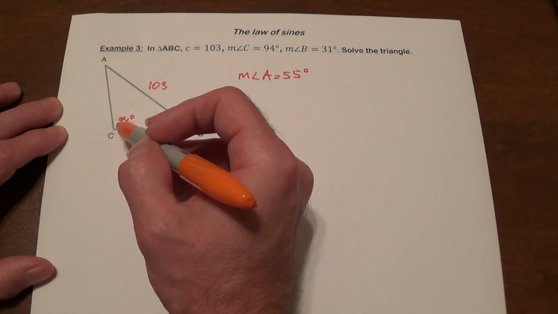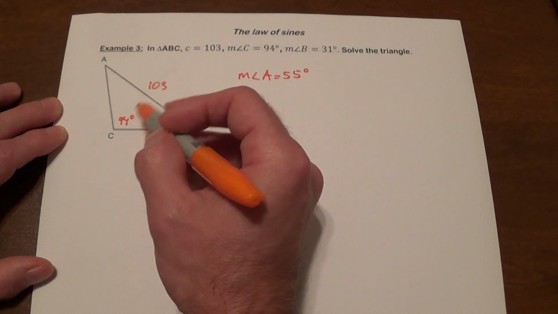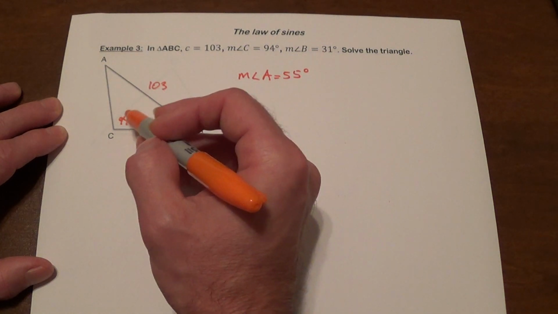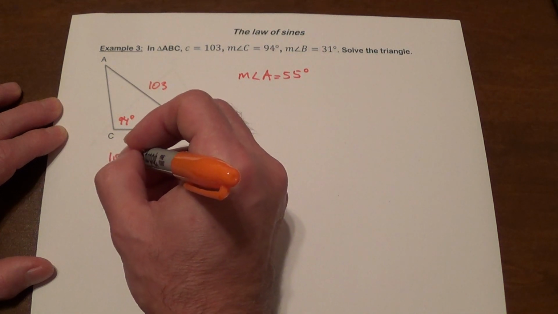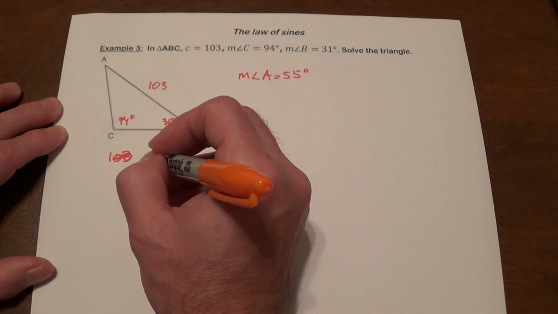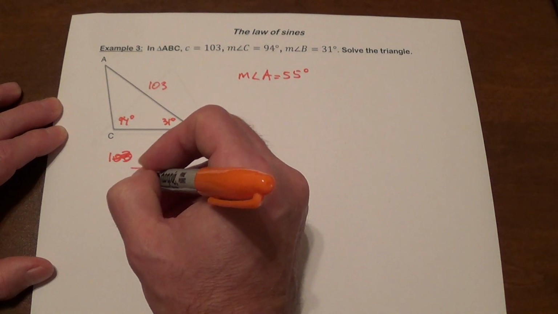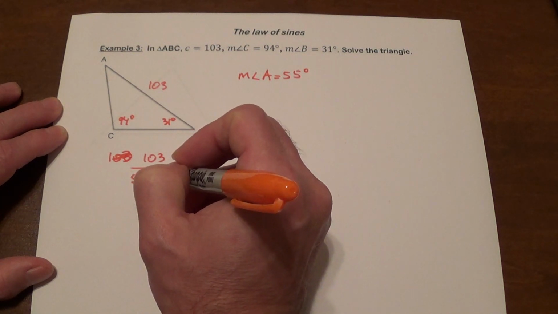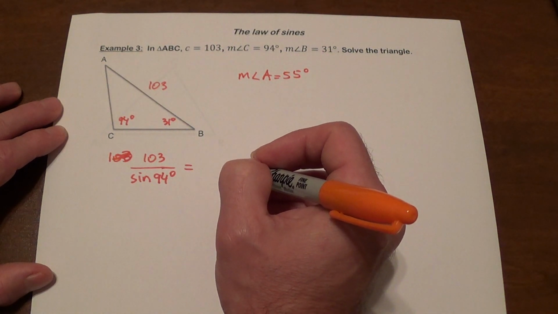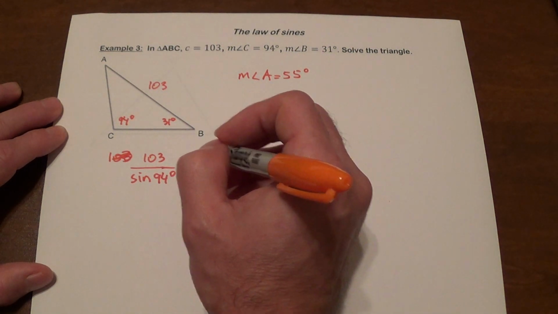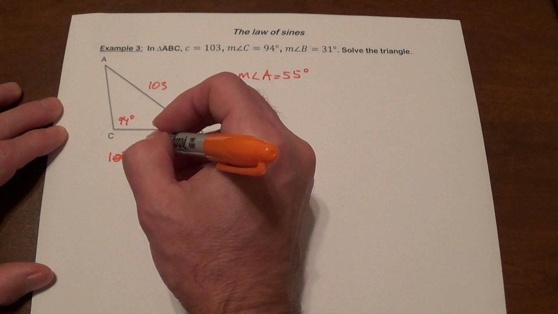We know a side and the opposite angle are right here, 103 and 94 degrees. So we're going to use that: 103 divided by sine 94 degrees equals, and now let's find side A first. So side A is right here.